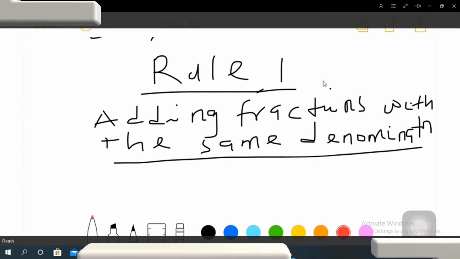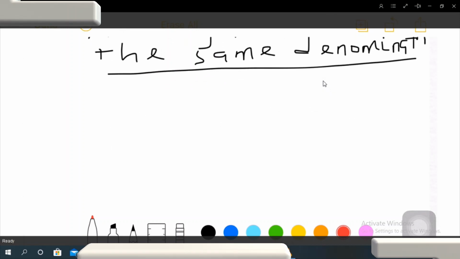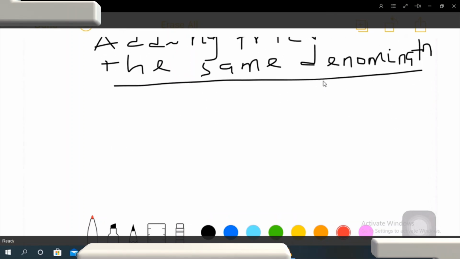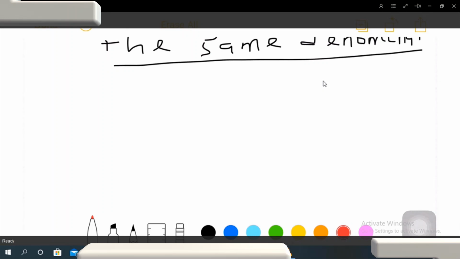With this, I'll use alphabet to bring an example. When we have the same denominator, it can be in the form of a over b plus c over b. This is one of the easiest questions you can get in fractions.